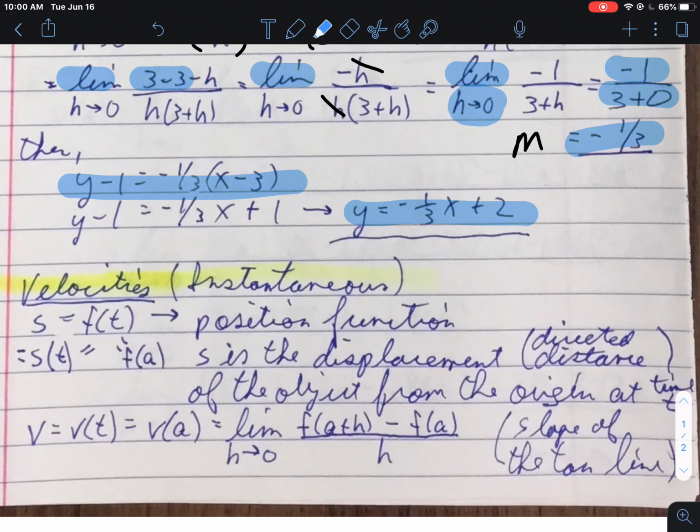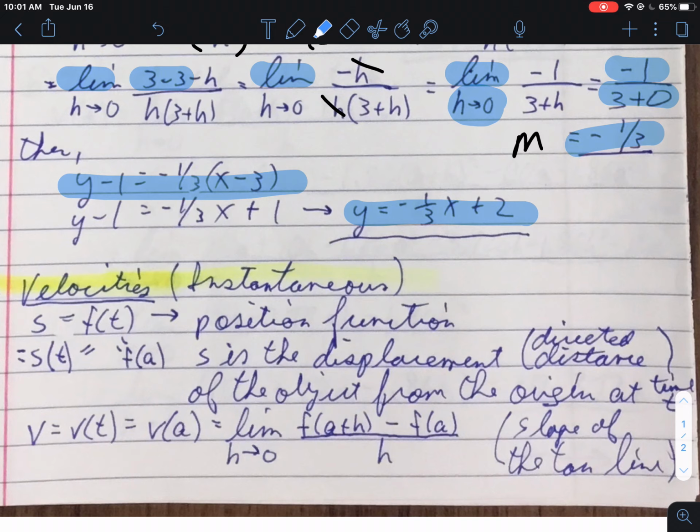Anytime you're talking about rate of change, that's what a derivative is. The rate of change in our position is our velocity, and for the derivative, it's the instantaneous velocity. It's just like looking at the slope of the tangent line at a specific point on your curve. You're looking at the velocity at a specific point in time. What is the rate of change in position at that point?